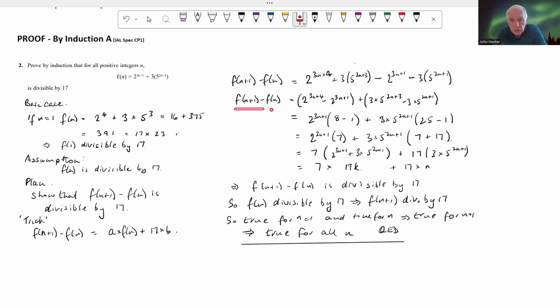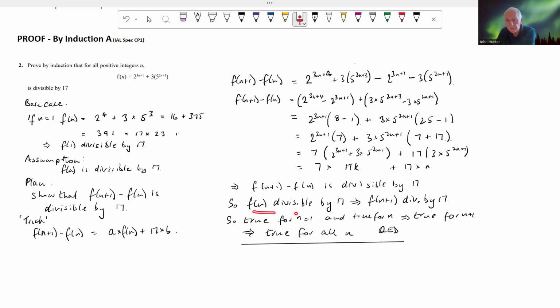So this difference here is going to be that which is divisible by 17 plus that which is divisible by 17. So the whole thing is divisible by 17. In other words, we've used the assumption here, haven't we, when we've turned that into 17k.